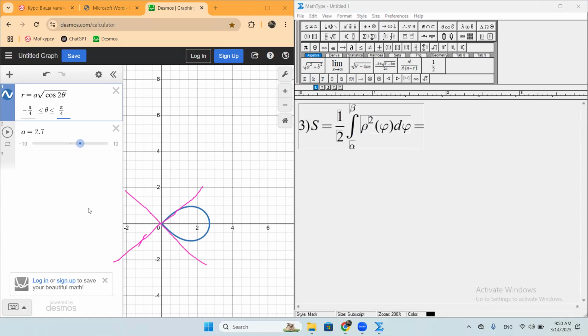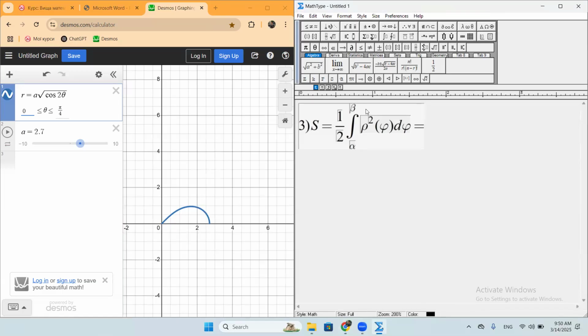So in this case, we actually can even integrate from 0 to p over 4 because of symmetry.